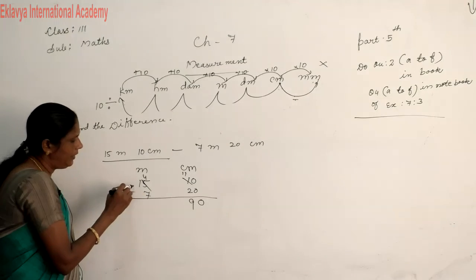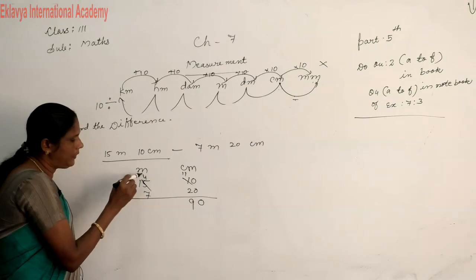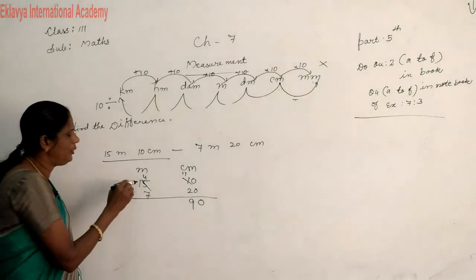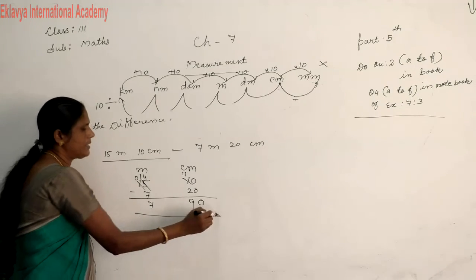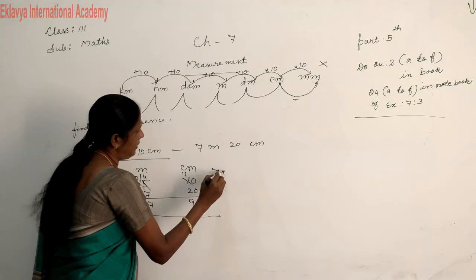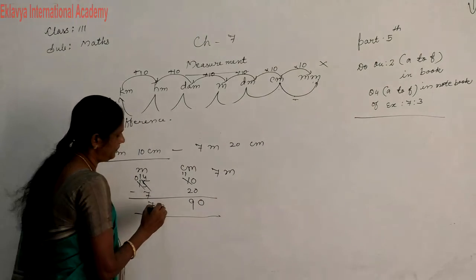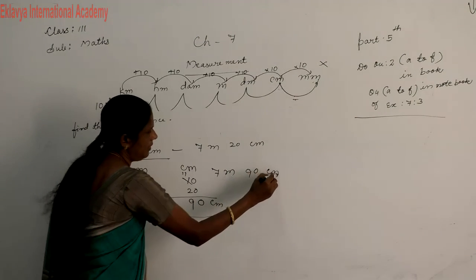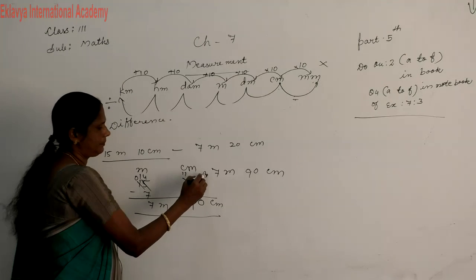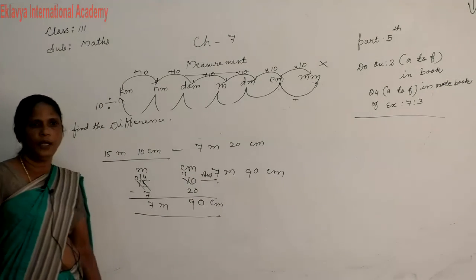Here 7 take away from 4, is this possible? No. You cut this 0, this 14, 7. Our answer is 7 meter 90 centimeter. You understand this?